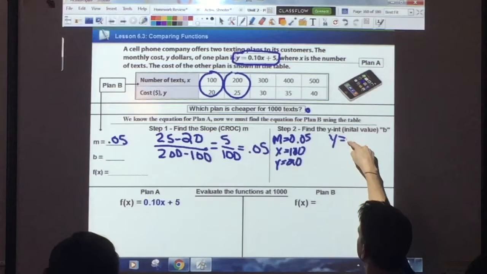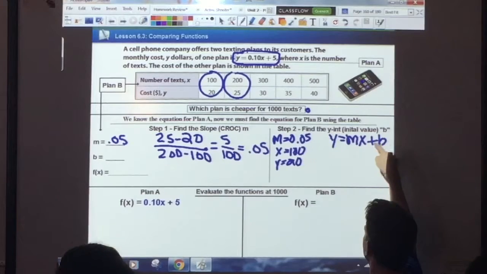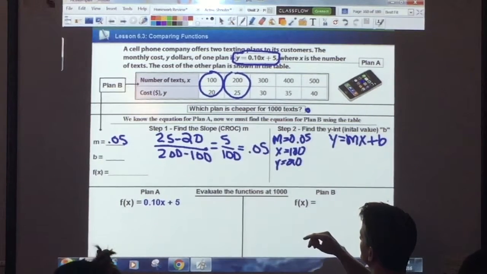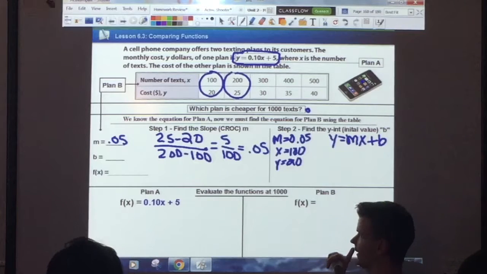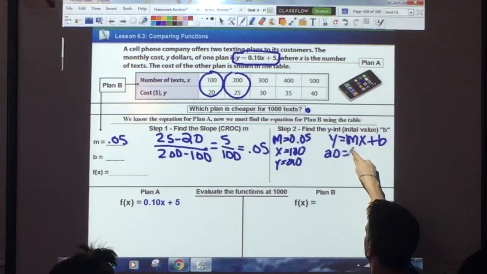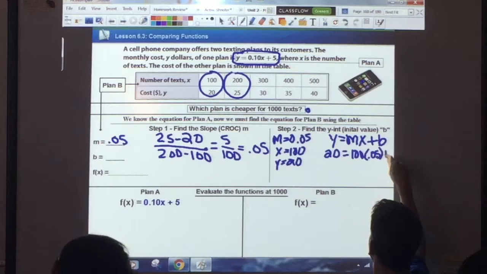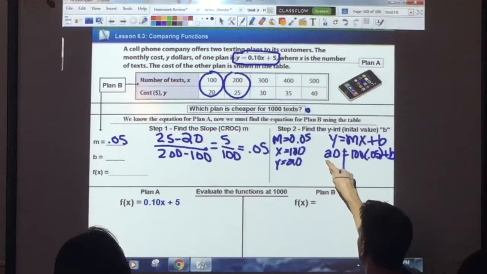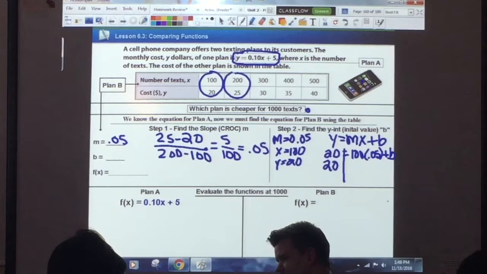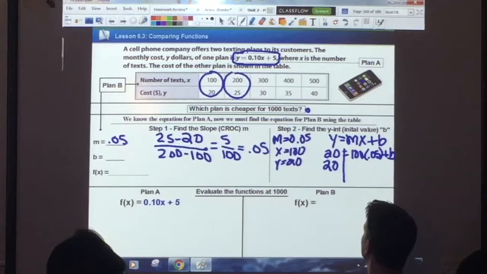No. Y equals mx plus b. And then what's your y value? 0.05? No, that's my m value. That's my slope. What's my y? 20. So 20 is equal to 100 times 0.05 plus b. I perform the multiplication. You know what that multiplication is? What it becomes? 100 times 0.05.